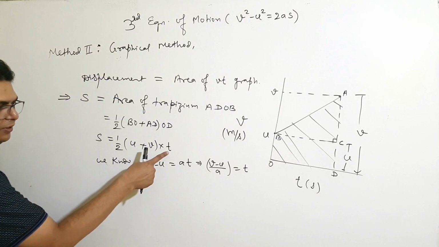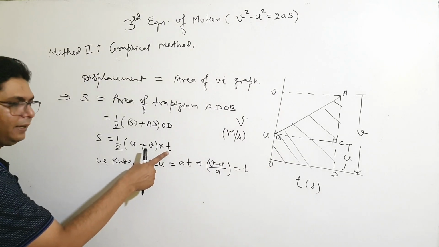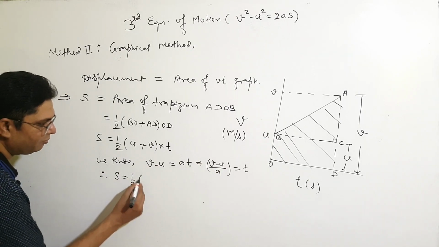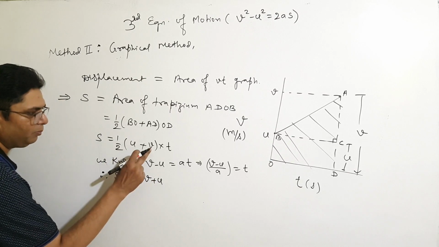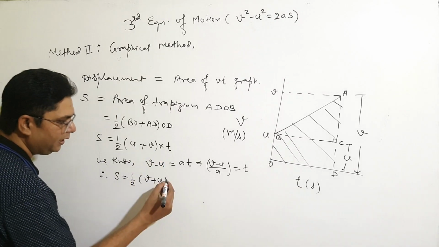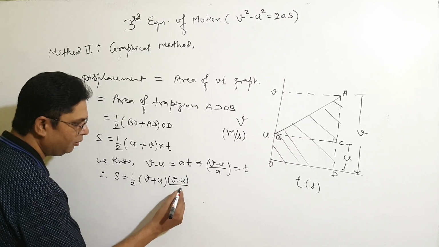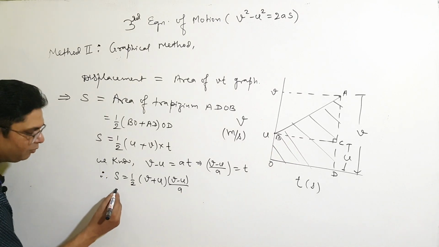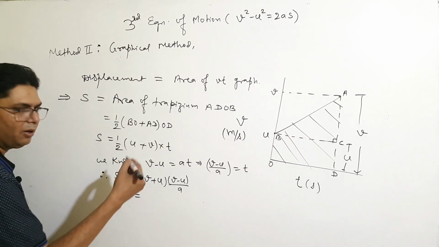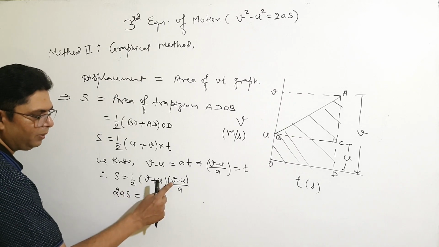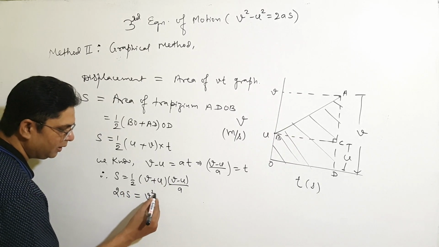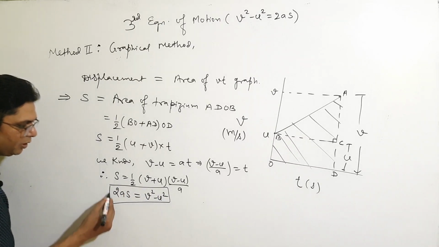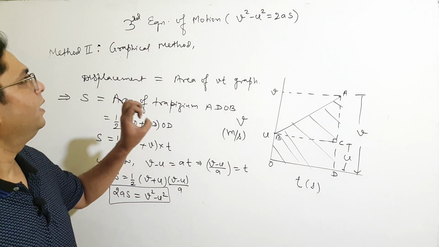At the place of t, write v minus u by a. Therefore s is equal to half (v plus u) into (v minus u) upon a. So 2a will be multiplied on this side. You have 2as on the LHS, and on the RHS we have v square minus u square. So this is the third equation of motion which we have obtained graphically.